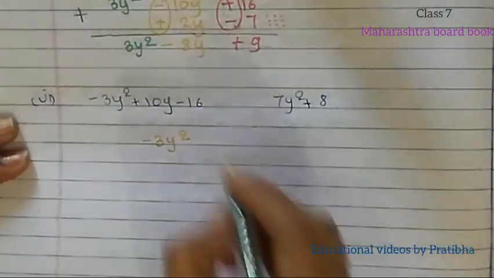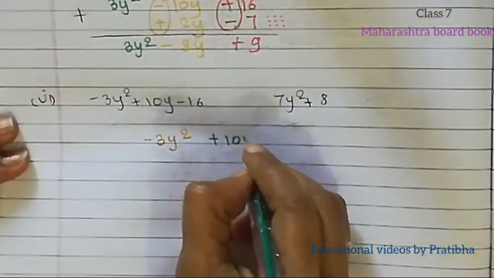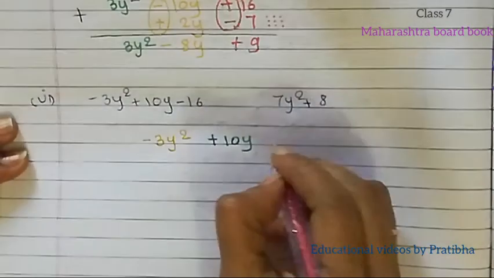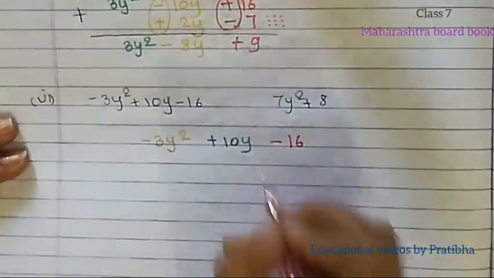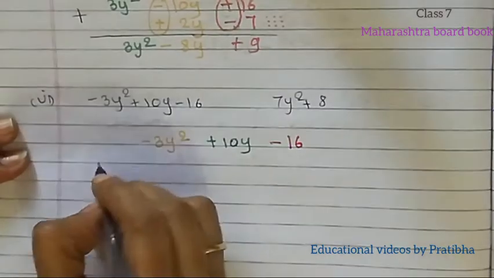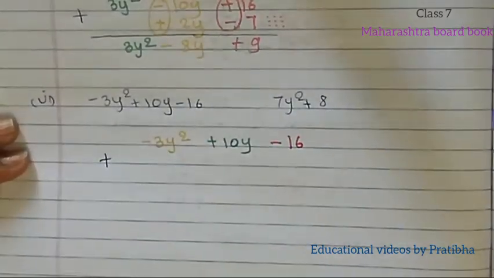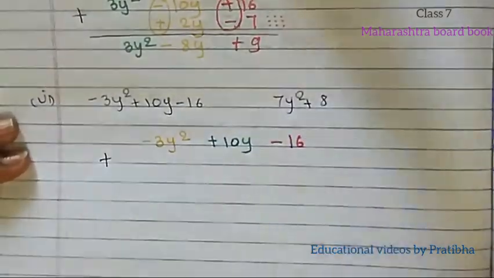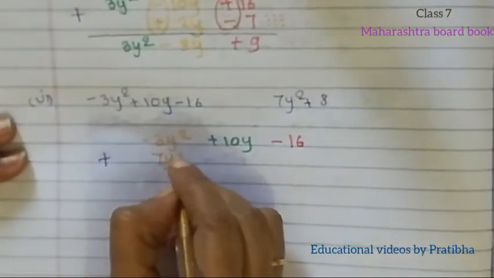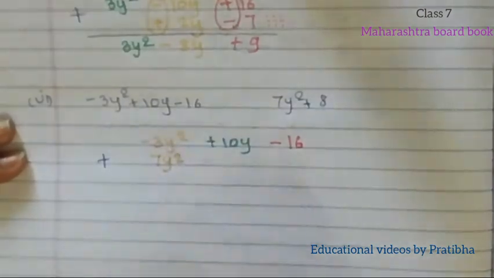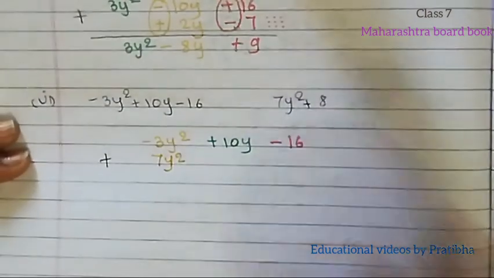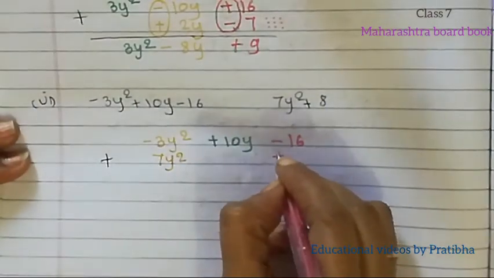Then the middle term is plus 10y, that I am writing here, and then minus 16. This is my first expression. I am going to put plus sign and write my second expression, that is 7y square plus 8. So 7y square will come here beneath 3y square because they are like terms, same variable y square, same power of the variable. And the next term is plus 8, so I am going to write it over here.